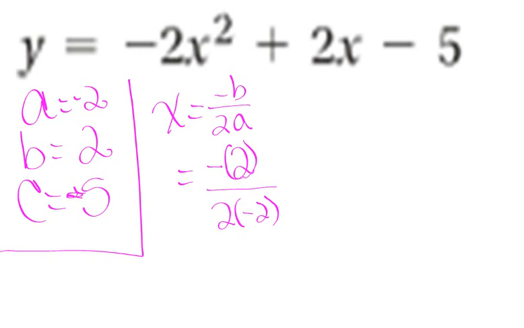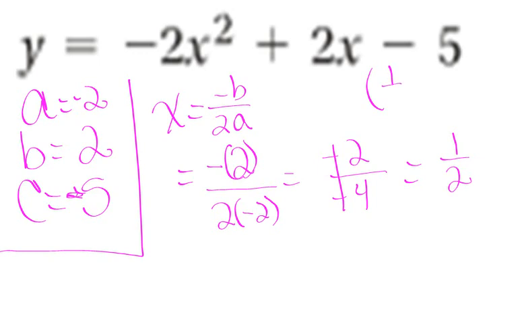Okay, Brissa, you need to be writing with us. Work the process. So now we have -2 over -4. That cancels out to 1/2. So our x value is equal to 1/2.